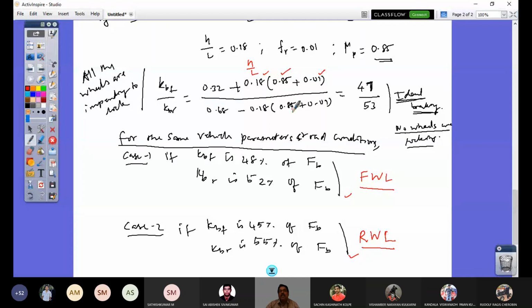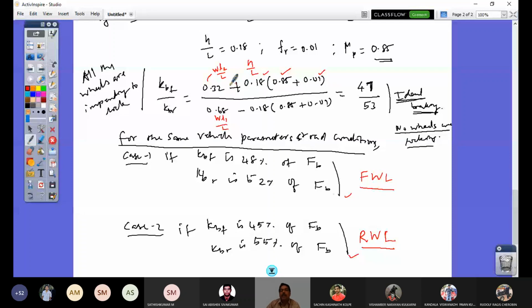So the change in this is dictated by what? This is in your front axle, so this is given by W L2 by L, and this is W L1 by L. So L1 and L2 can change with how the CG is migrating along the longitudinal axis.